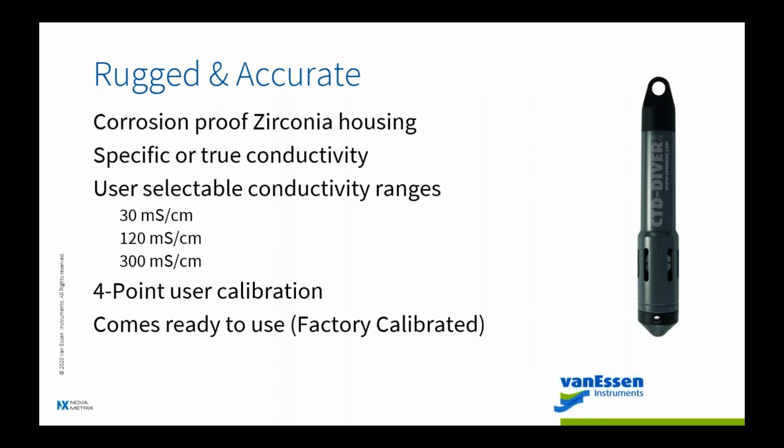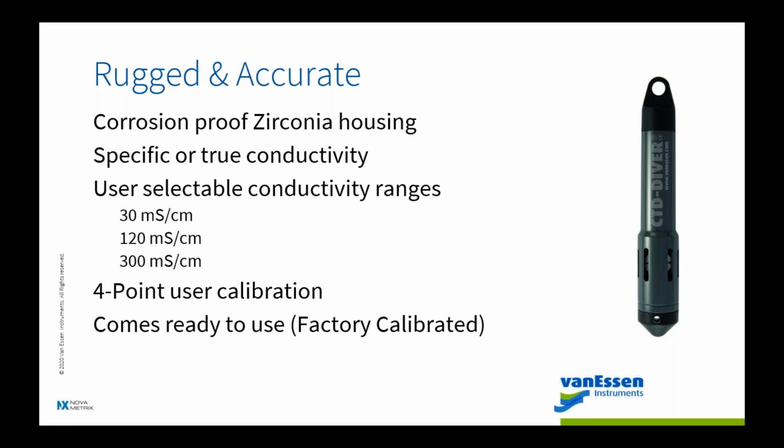So the makeup of the CTD, we like to call them rugged and accurate. Rugged in the sense that they're corrosion proof with their zirconium or ceramic housing. These units can withstand quite a few nasty things that are thrown up against them all over the place. You have your specific or true conductivity.